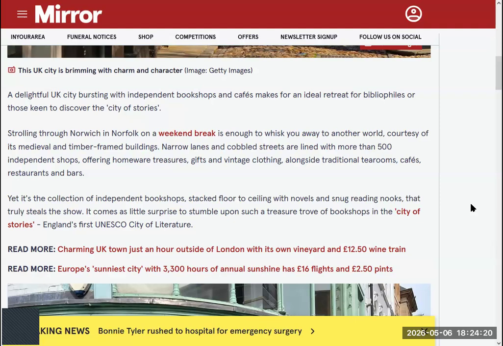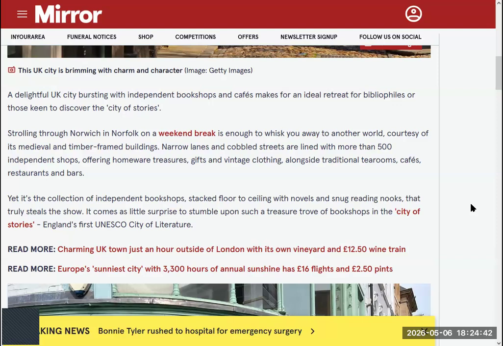Narrow lanes and cobbled streets are lined with more than 500 independent shops offering homeware treasures, gifts, and vintage clothing alongside traditional tea rooms, cafes, restaurants, and bars.